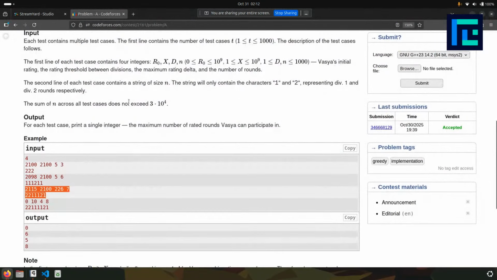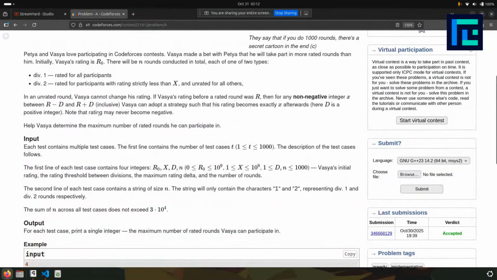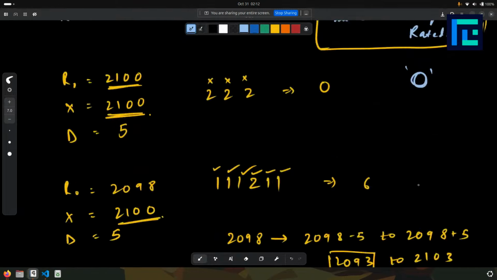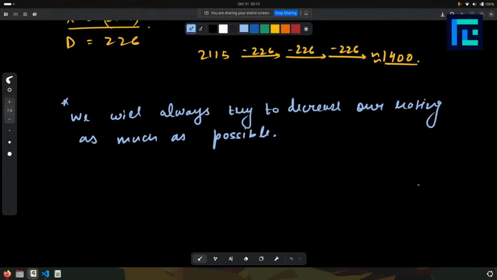Since it is mentioned in the question that the rating may never become negative, at one point our rating will become 0, and then it will stay at 0, and we can participate in every further contest. So we will try to decrease our rating as much as possible, and we can just count how many contests we can participate in. So the solution will be O of n.